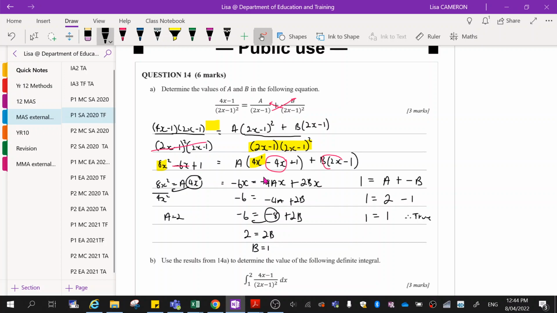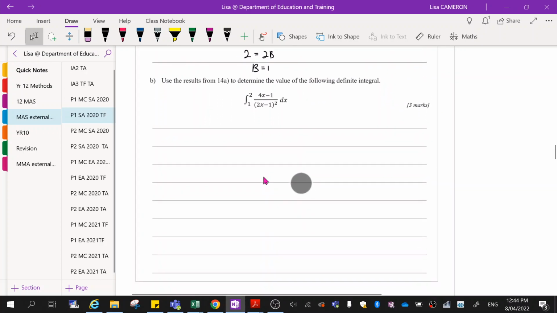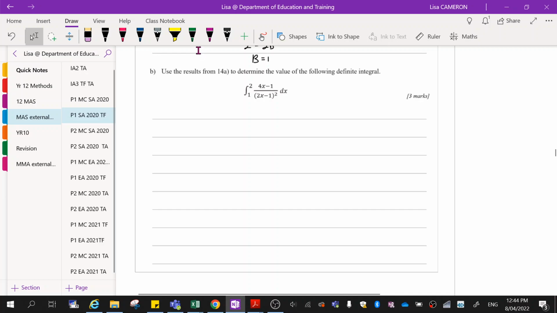Okay, so next part is we're going to use our results from 14 to determine the value of the following integral. So I'm first going to use partial fraction decomposition to rewrite this expression.